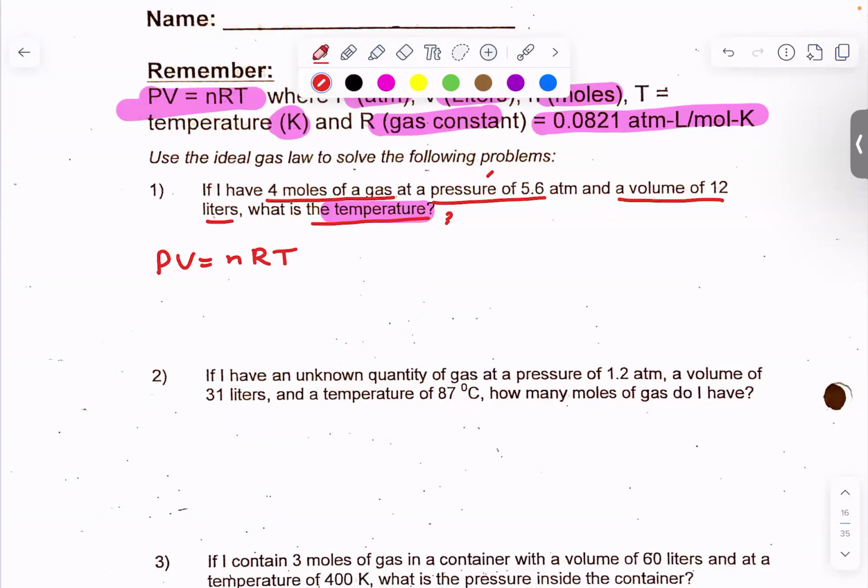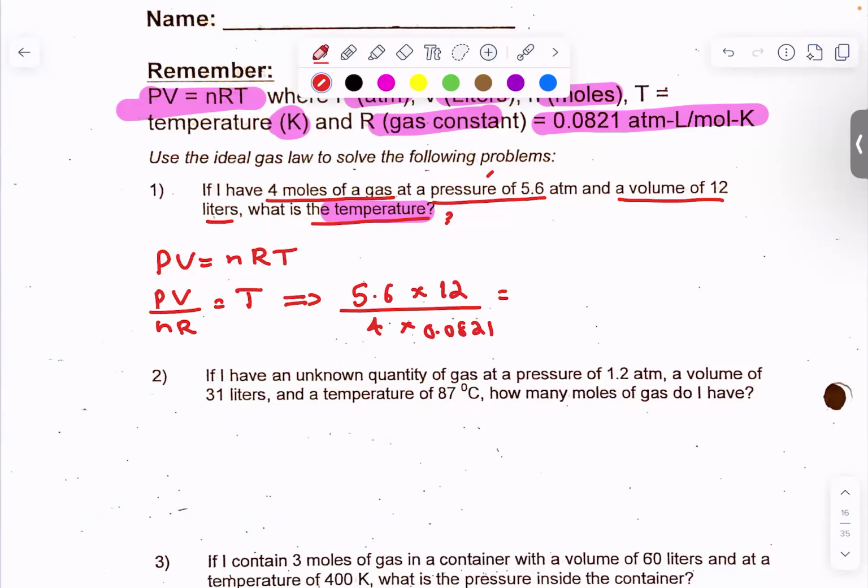Yes. So I would start like, temperature means that is T would be PV over nR is equal to T. Is it clear? So now put the values. What is P? P is 5.6. So 5.6 times volume is 12 over moles are 4 and gas constant is 0.0821.